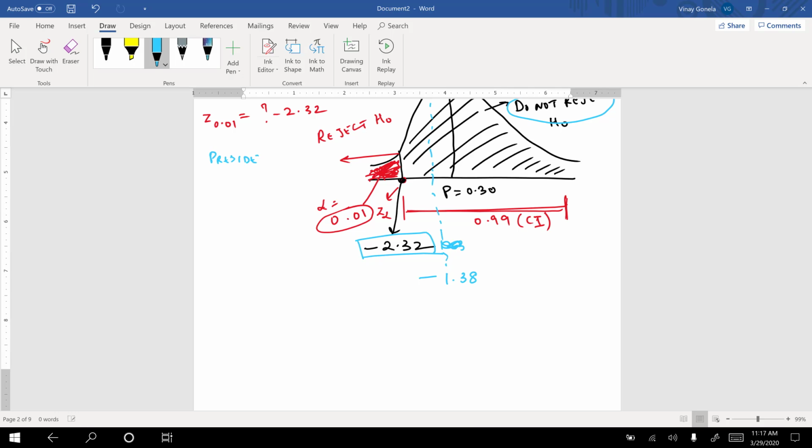So the precedent's claim is true, so the precedent is right.